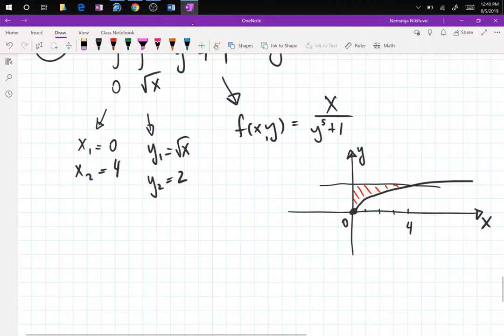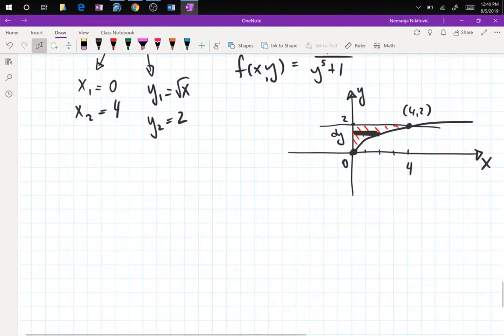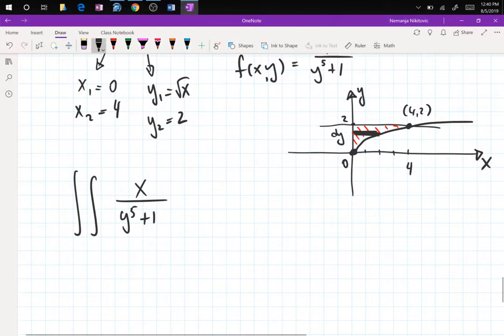And I need to draw my horizontal, in this case, representative rectangle dy. And now we write a double integral for the function x over y to the 5 plus 1.